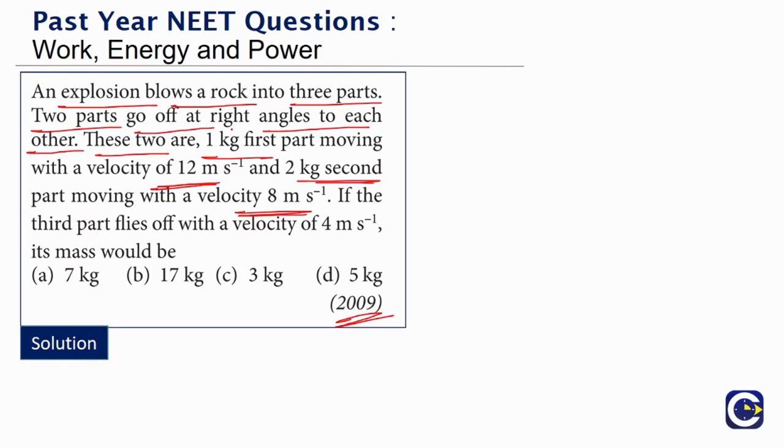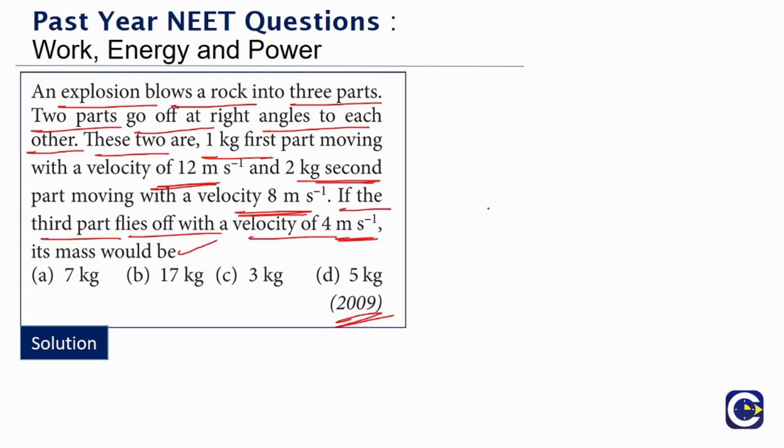If the third part flies off with a velocity of 4 meter per second, what would be the mass of it? So we need to find the mass of the third part.